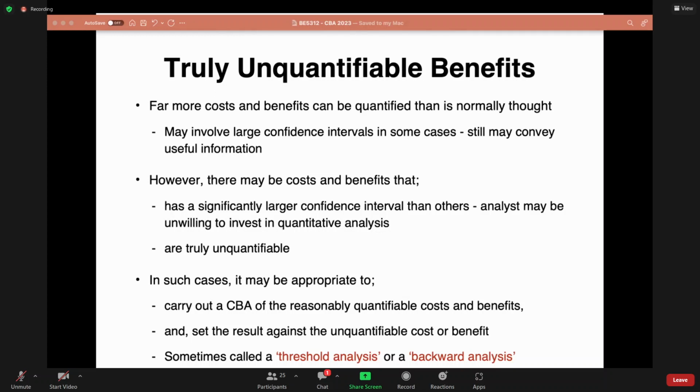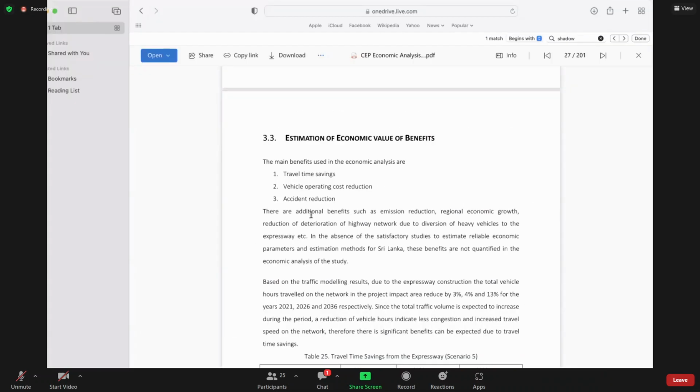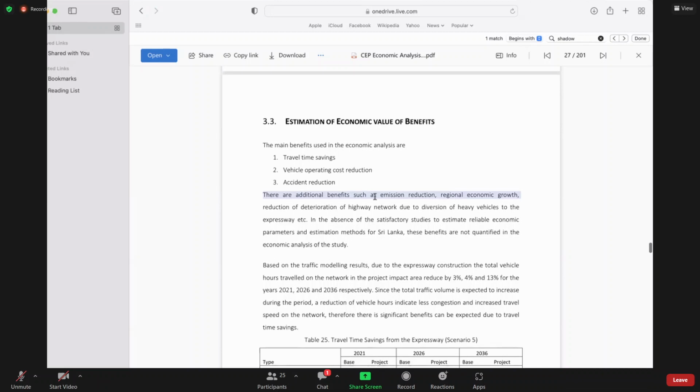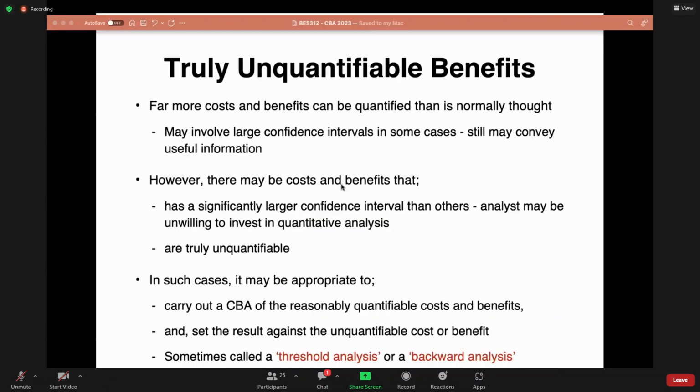Also, there were other benefits, like, let me show you. See here, they say there are these additional benefits: reductions in vehicle emissions, regional economic growth, reduction of deterioration of the highway network, because the heavy vehicles will be using the expressway. There are all these benefits, but they haven't been able to quantify them. So there can be cases like that.